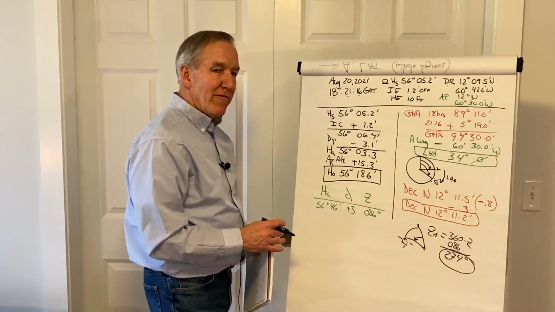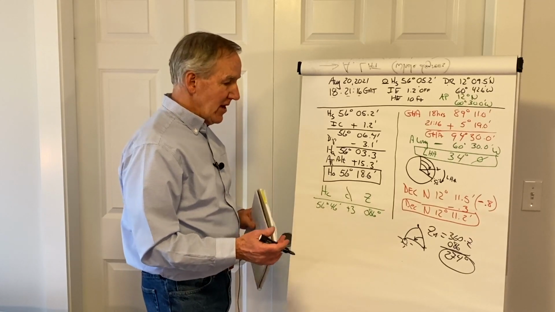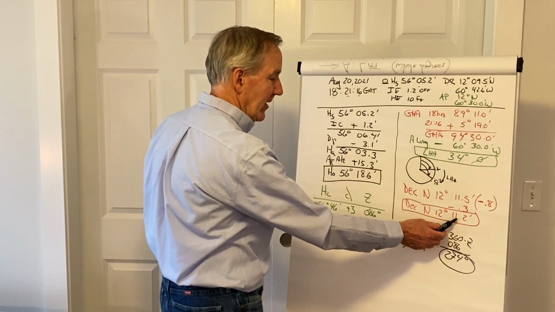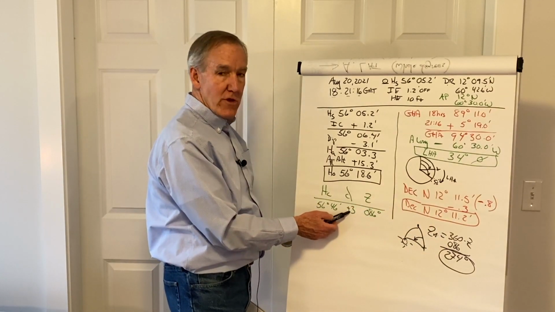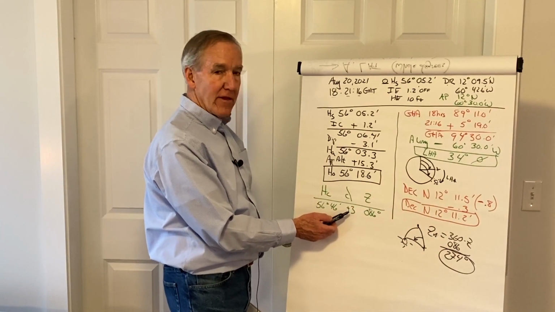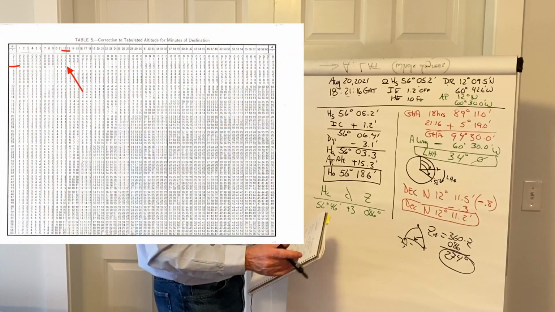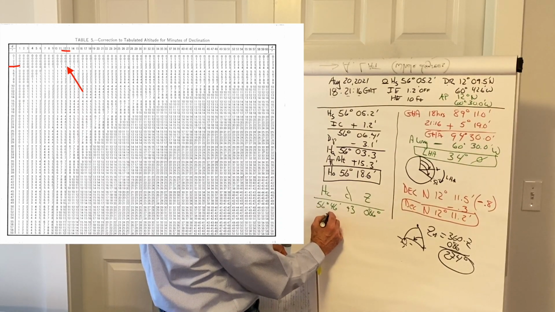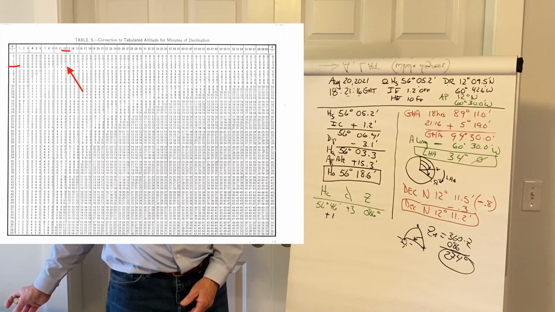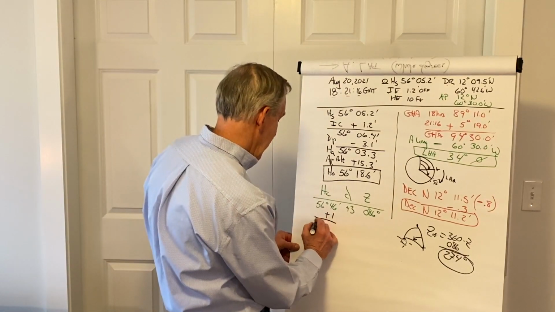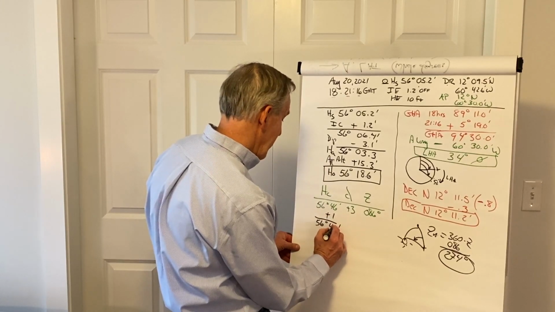So when we go into table 5, corrections to tabulated altitude or HC, we're going to find our minutes of declination that we haven't used, 11, and we're going to use 3 as the little d factor on the other axis, and we're going to find a correction of plus 1. And that gives us a final HC of 56 degrees, 47 minutes.